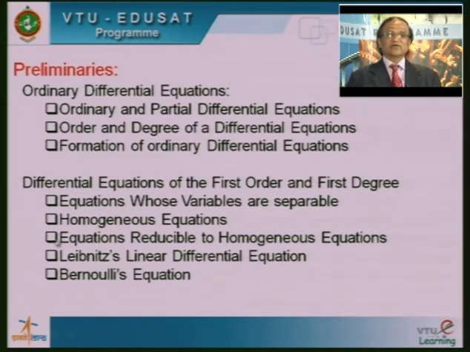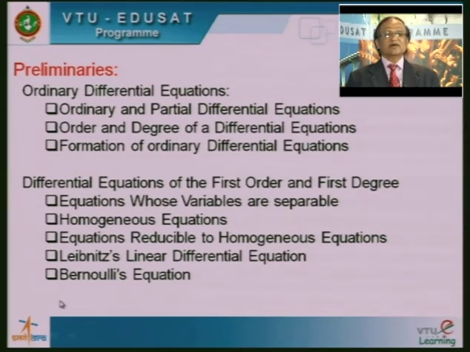Sometimes the given equation may not be in the standard form. May not be in the standard form means the given equation is not in the linear differential equation form, but we can reduce it into a linear differential equation. Such equations we may call a Bernoulli equation. Is it clear?